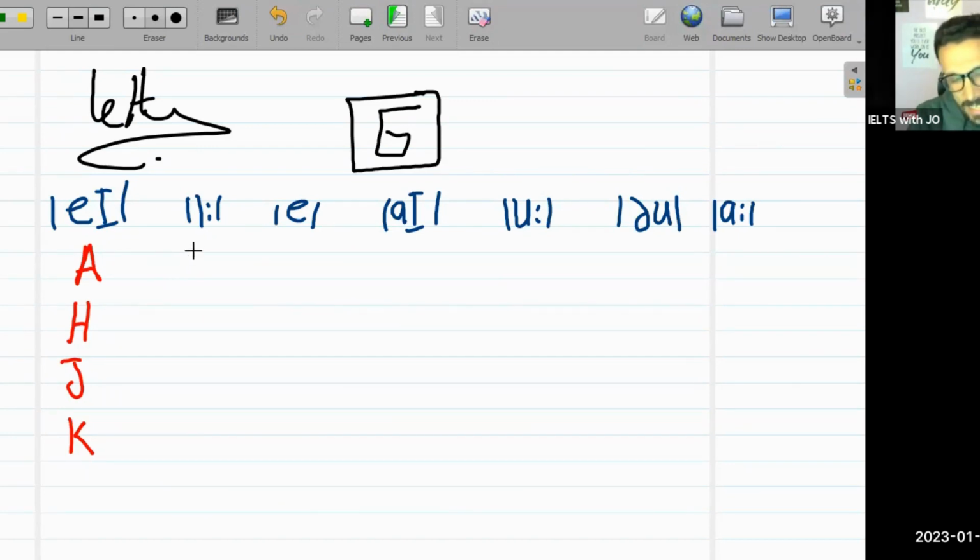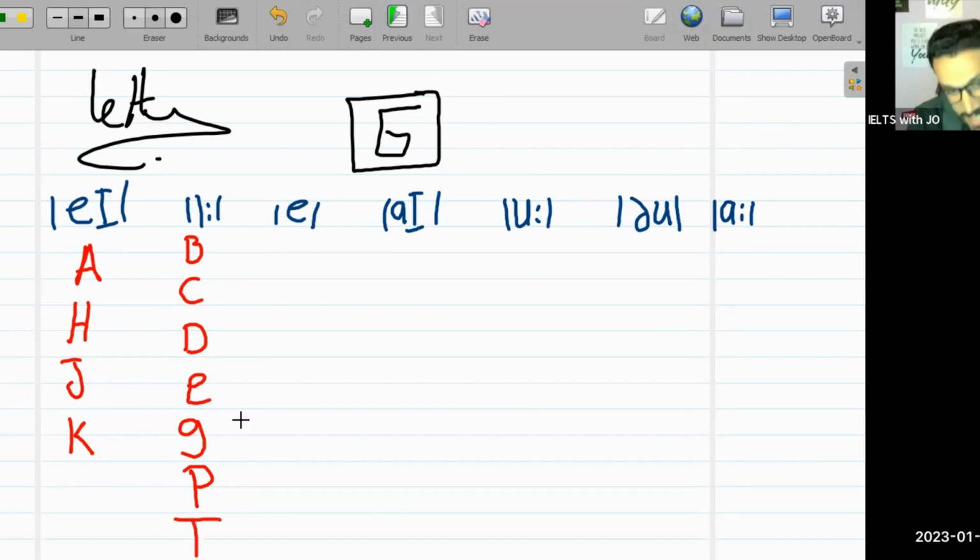The next one is E. Again, E, like B, C, D, E, G, P, T, V. All of these have a consonant and a vowel, both of them.